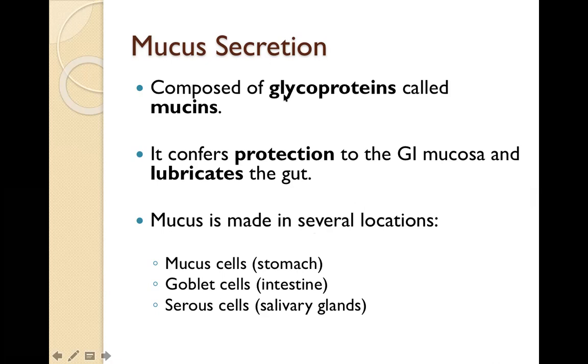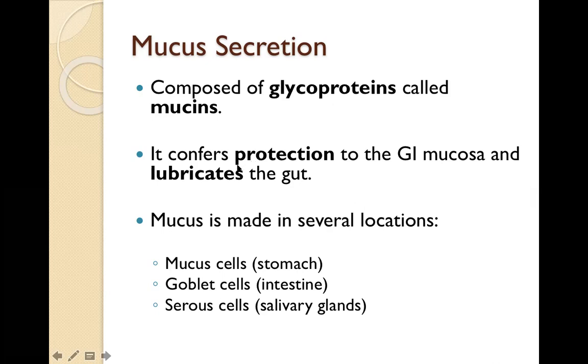And mucus is really just a whole bunch of water with this thing called a glycoprotein. These glycoproteins are a little bit of sugar and a little bit of protein, so carbohydrate plus protein. And the specific type of glycoprotein that comprises mucus is called mucin. People got a little bit lazy with what they wanted to name things. And mucus is extremely important.